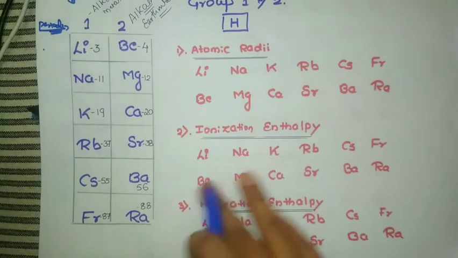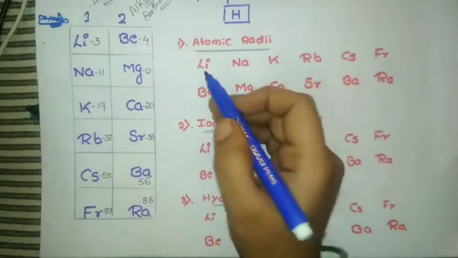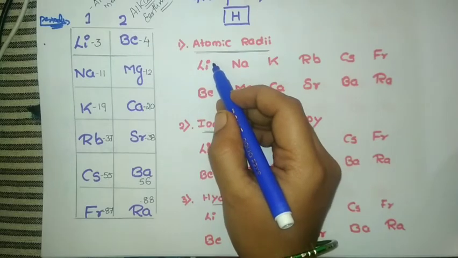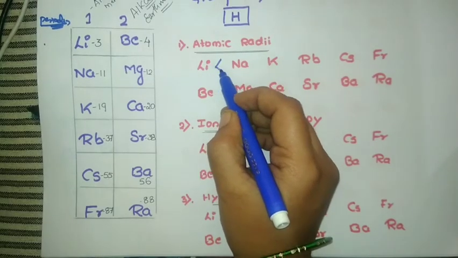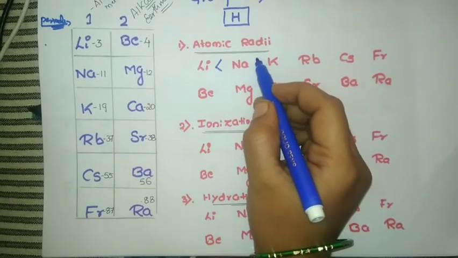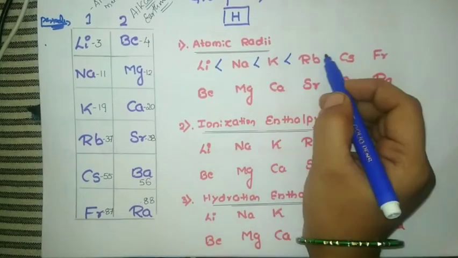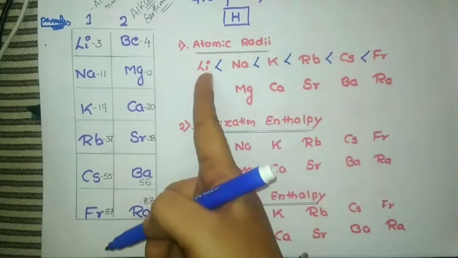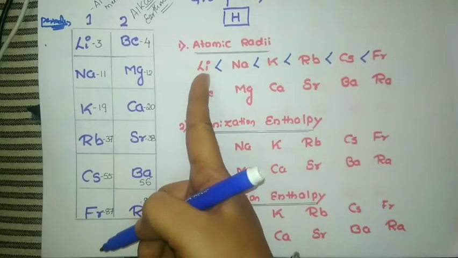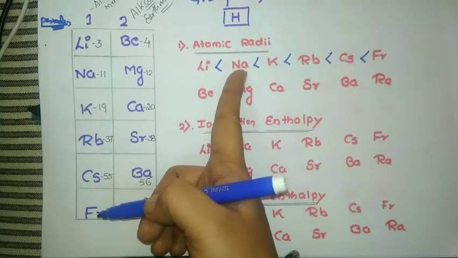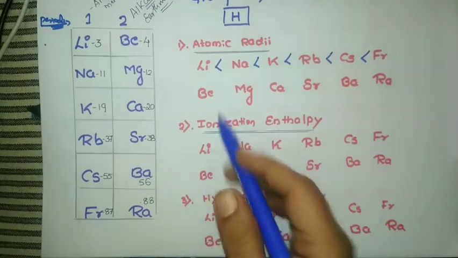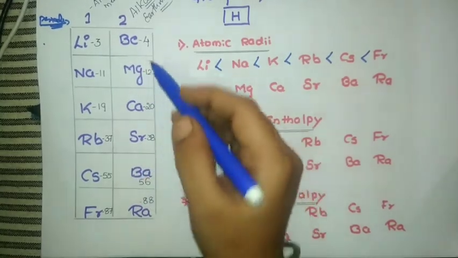According to that trend, lithium has a smaller atomic radii compared to sodium, potassium, rubidium, cesium and francium. Among all, lithium has the smallest size, followed by sodium, potassium, rubidium, cesium and francium.